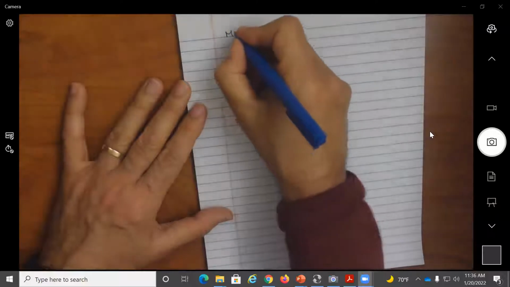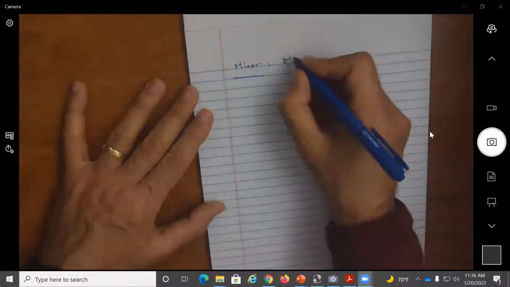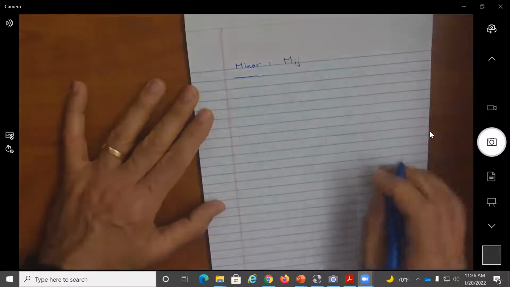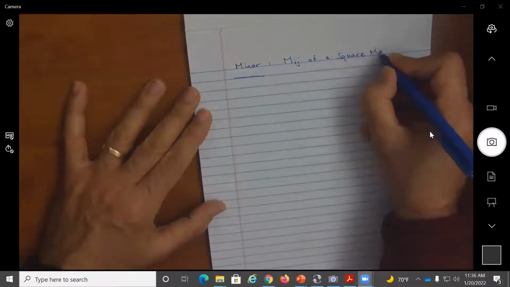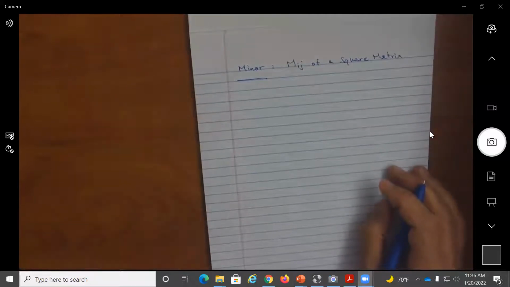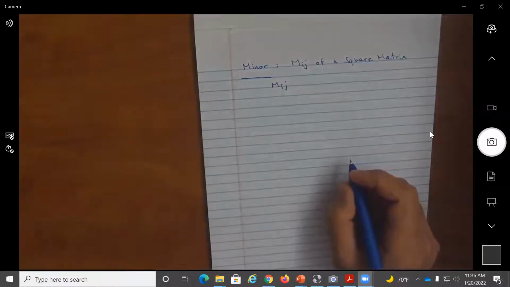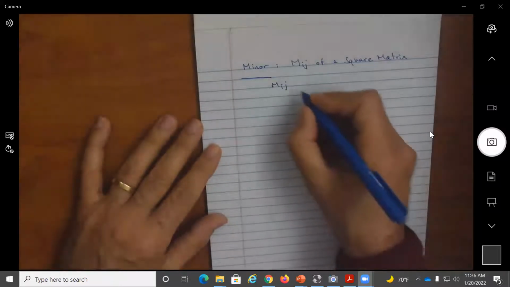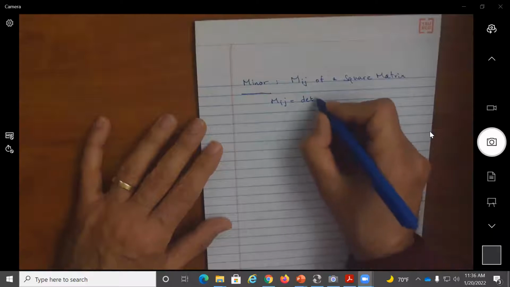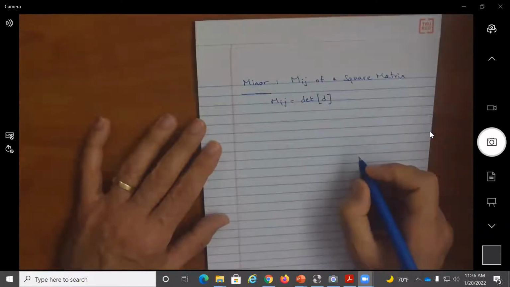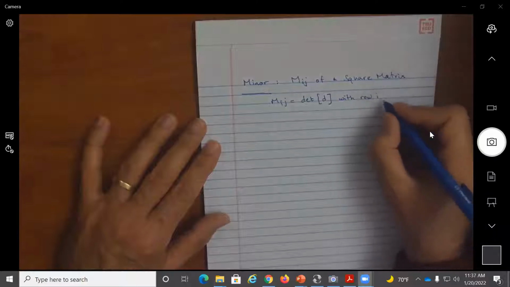A minor, which I'm going to give the symbol Mij, of a square matrix, and of course that represents an element, is equal to the determinant of a matrix D with row i and column j deleted.